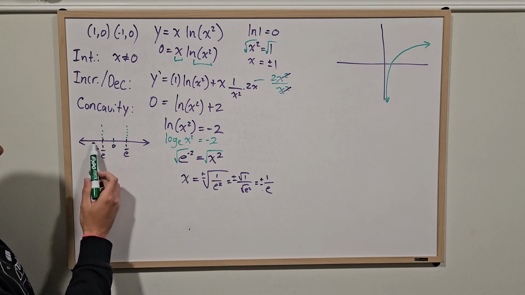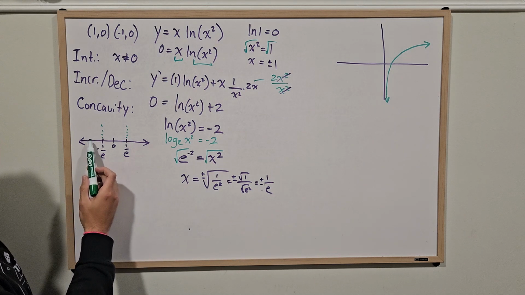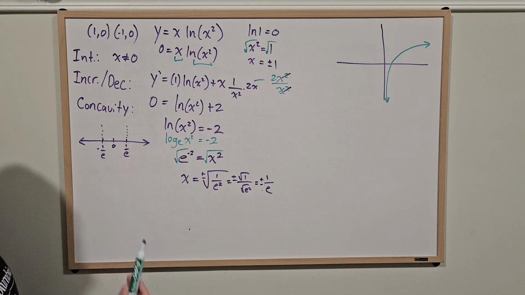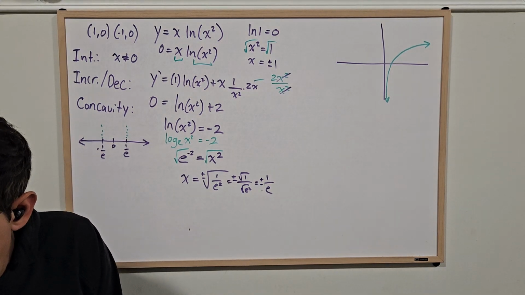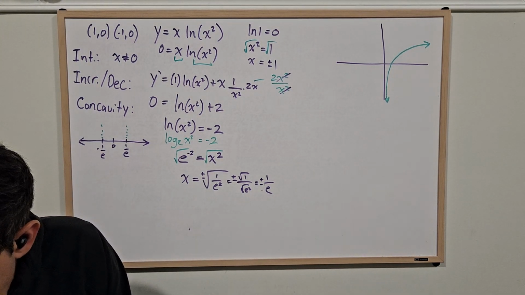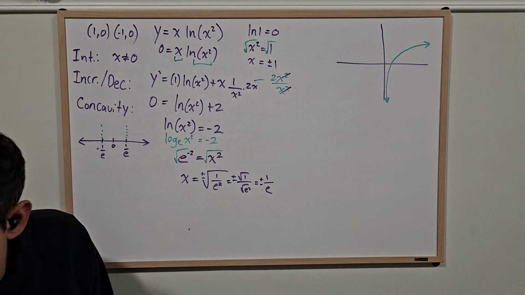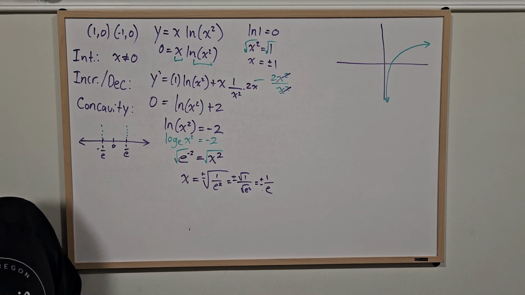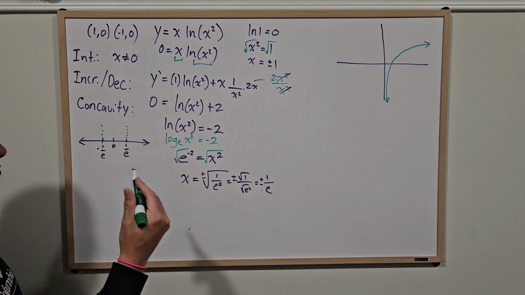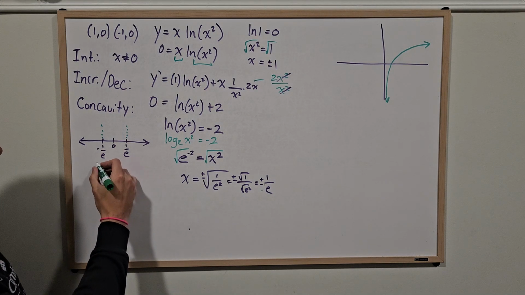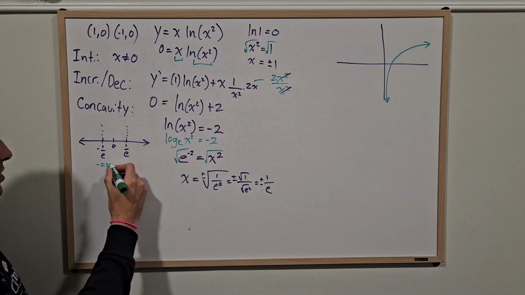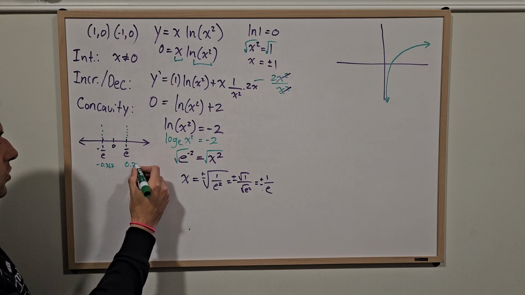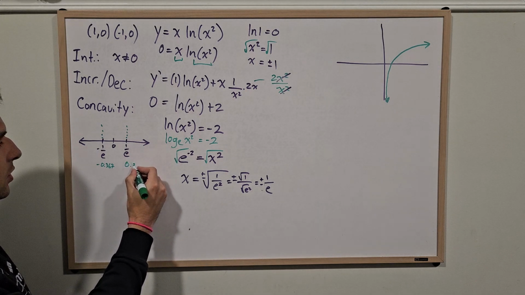Well, before, I have to put in something that's before negative 1 over e. So if you just throw 1 divided by e into your calculator, you'll see that you'll get a value of 0.367. Okay? So this is negative 0.367. This is positive 0.367, excuse me.